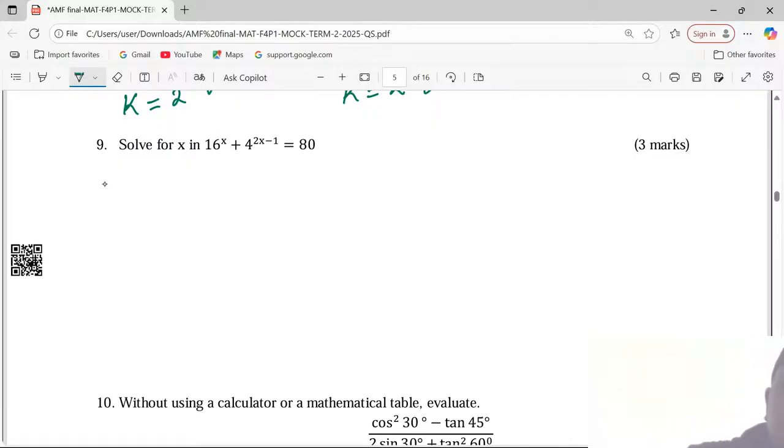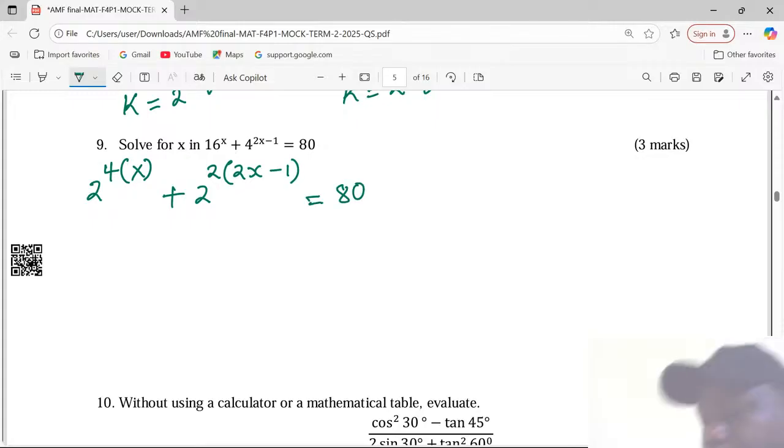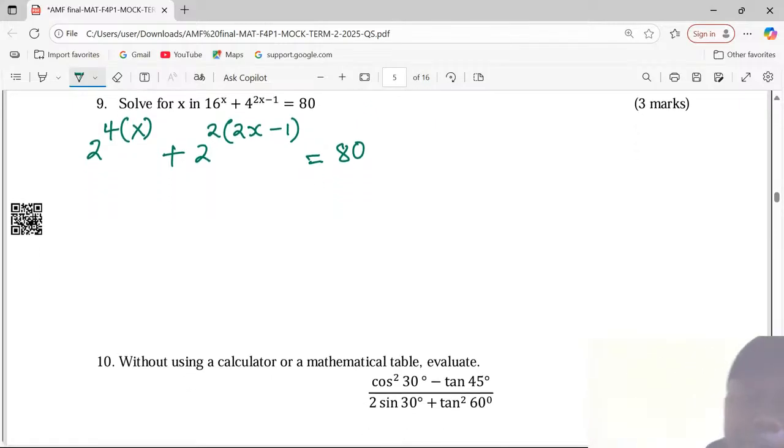Therefore, 16 can be expressed as 2 power 4, and there is already a power x there, don't forget, plus 4 can be written as 2 power 2, and there is already an existing power of 2x minus 1, equals 80. 80 cannot be put to base 2 that way. So this is 2 power 4x plus 2 power 4x minus 2 equals 80.